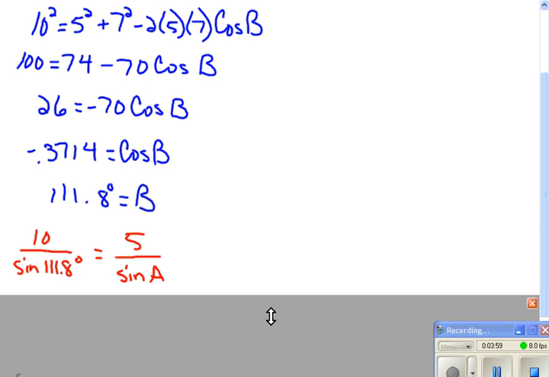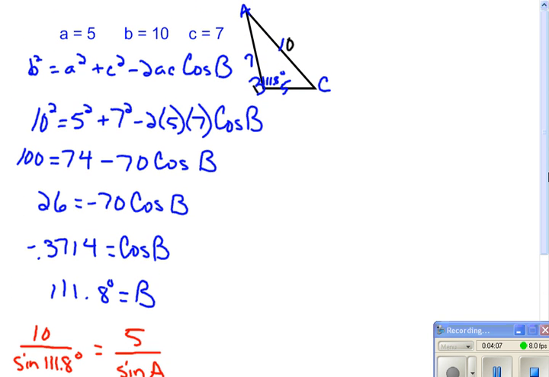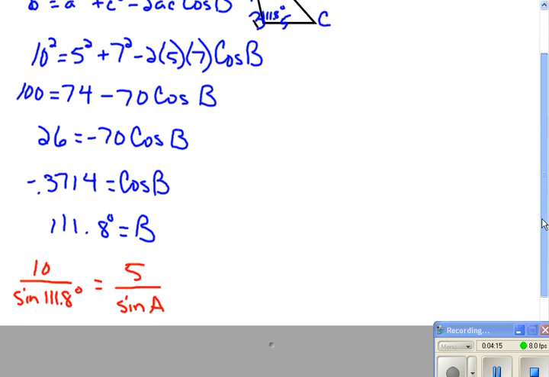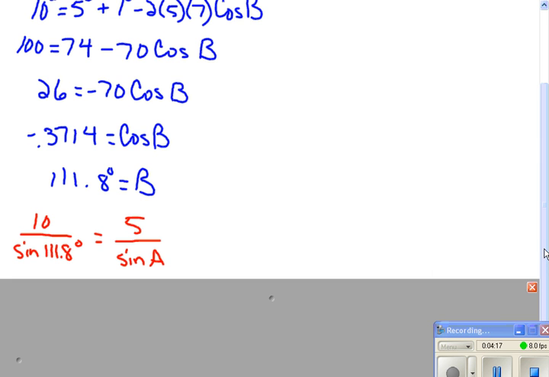We have 10 over the sine of 111.8 equals 5 over the sine of A. If we go back and look at that triangle, 10 is corresponding to the 111.8 degrees, and 5 is corresponding to angle A. So we come up with 10 over sine 111.8 equals 5 over sine A.